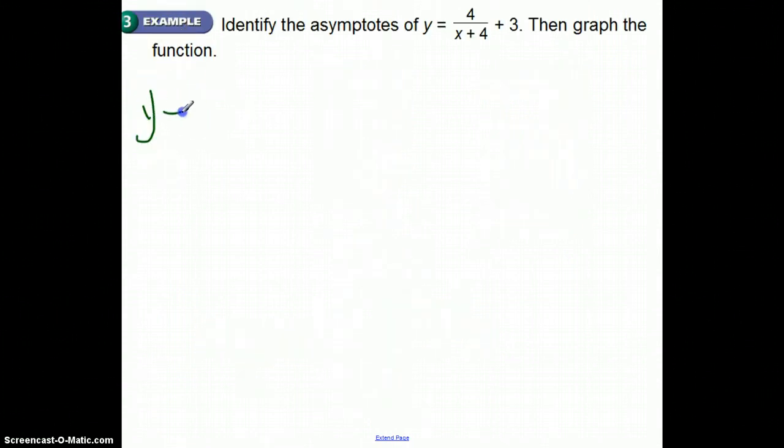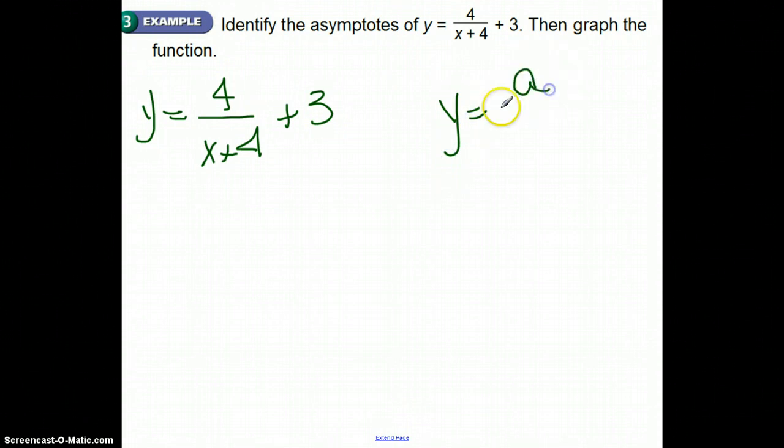Let's try one more. Okay, so here is the equation they gave me. And here's my general equation. So A is 4, C is 3.